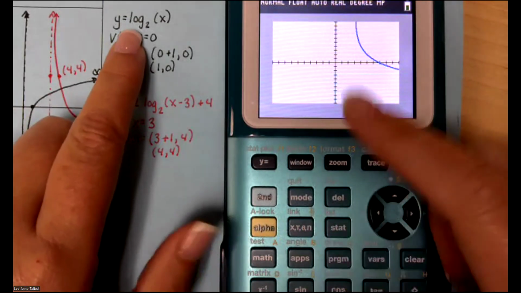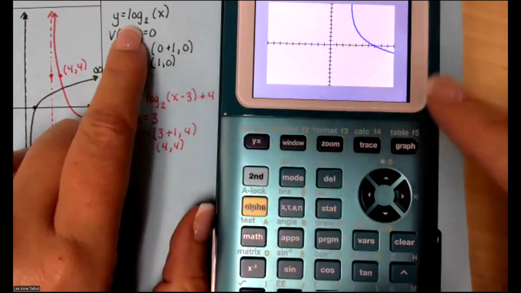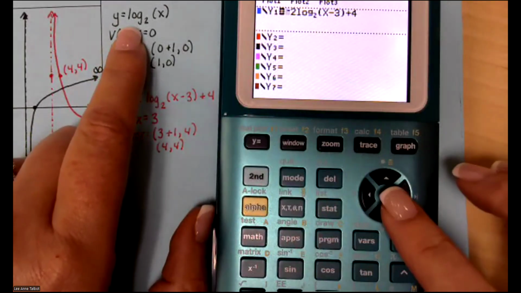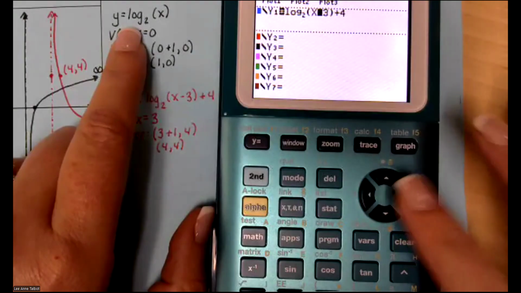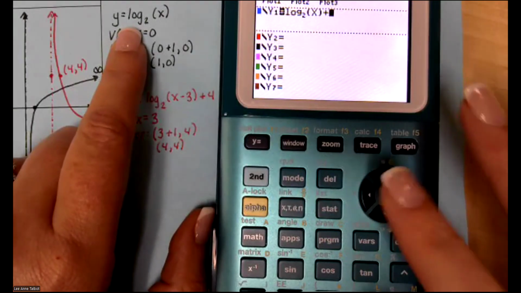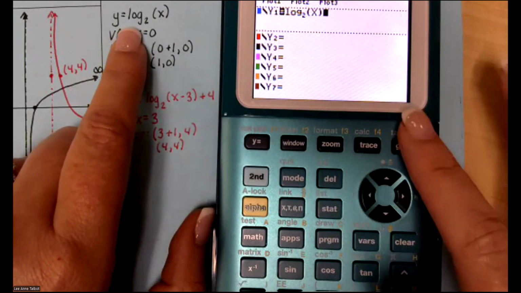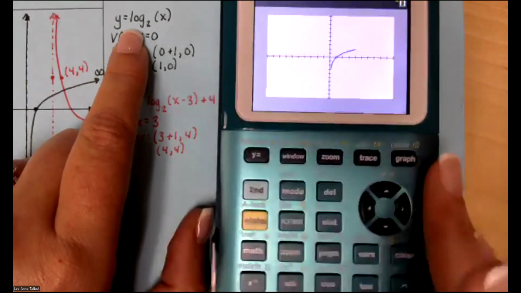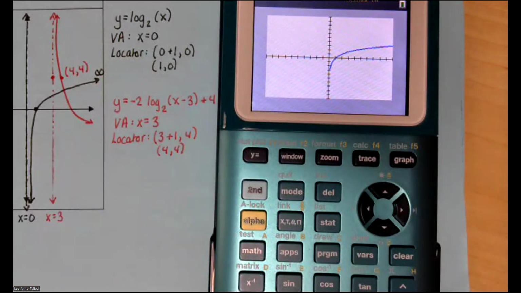I want you guys to graph plain old log base 2 of x now and see how bad it looks. They make it look like a square root graph. You guys are going to have to be smart enough to draw the rest of the line down. If you make it look like a square root graph, I'm going to mark it wrong. Because that means you don't know what you're doing.